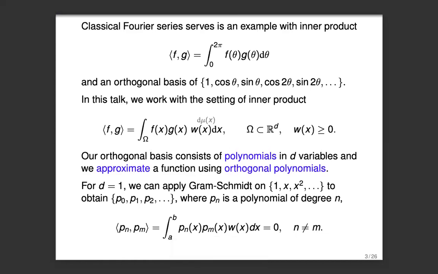In this talk, we will work with the setting of the inner product in the following form: the inner product of f and g equals the integral over omega of f(x) g(x) w(x) dx. Here w(x) is fixed; we call it a weight function. You can think about this whole thing as d nu, where omega is a domain in R^d.